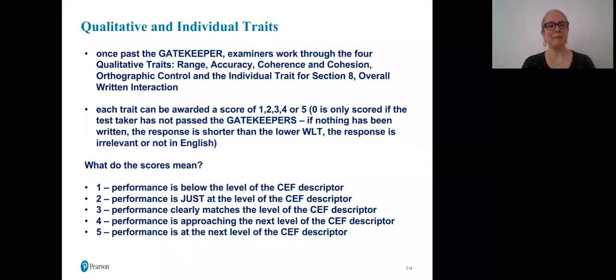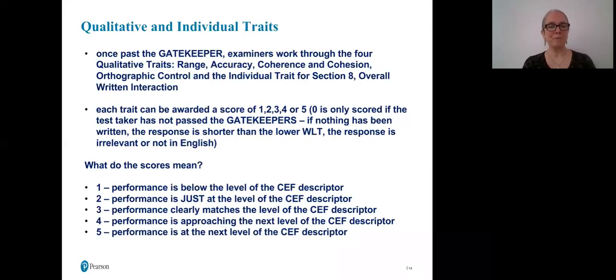So all the time we're relating test takers' performance to the descriptors in the Common European Framework. So a score of 1 would mean that the performance is below the level of the CEF descriptor. A score of 2 would mean that it is just at the level of the Common European Framework descriptor for this level.